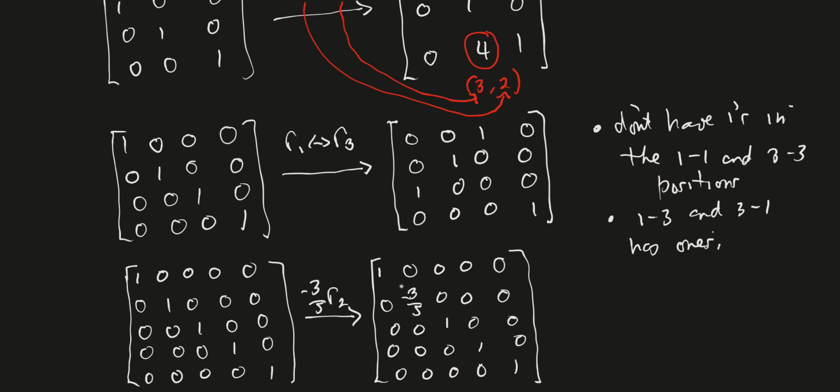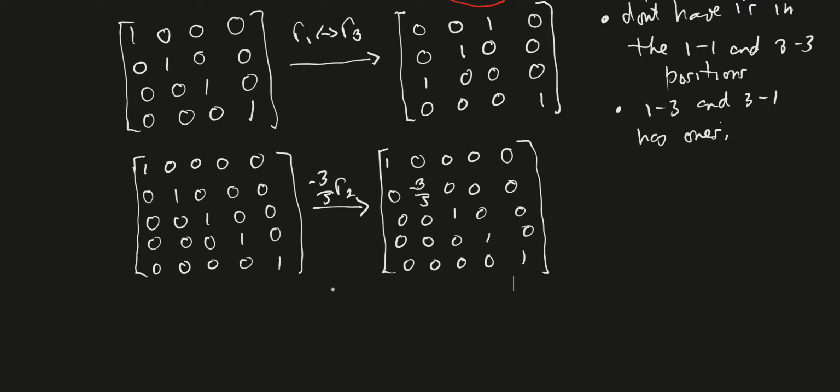So the diagonal is entirely non-zero, but not filled with 1s. And then it's easy to recognize which of the operations are used, right? So these are elementary matrices. We typically denote them with the letter E, E for elementary.